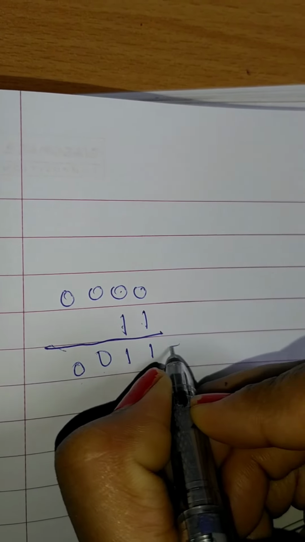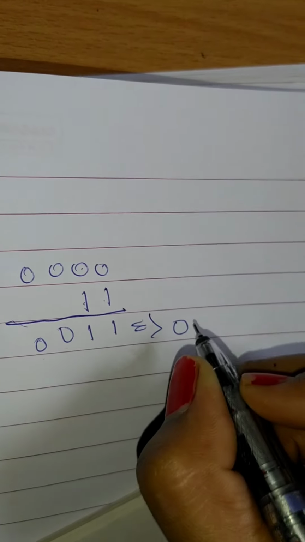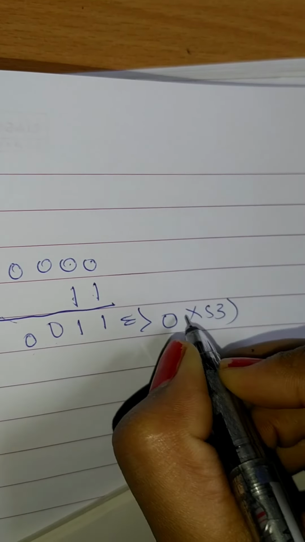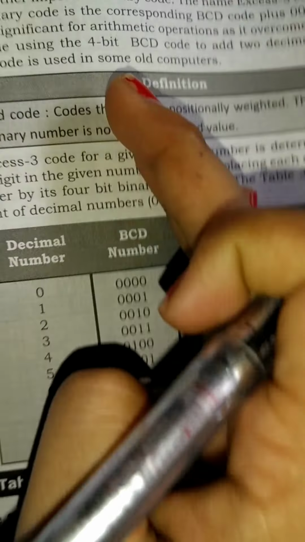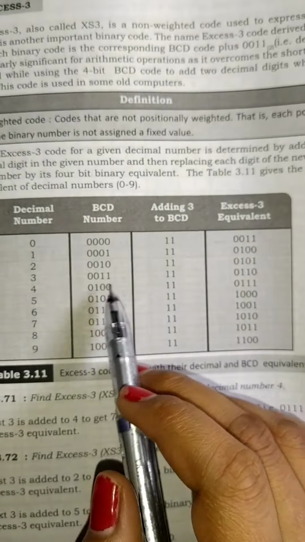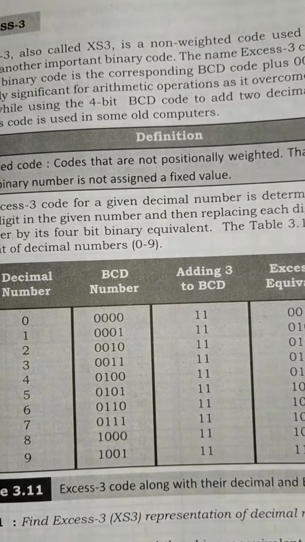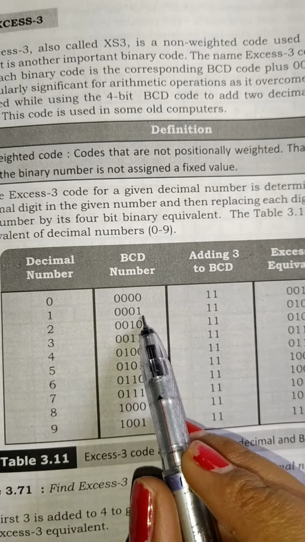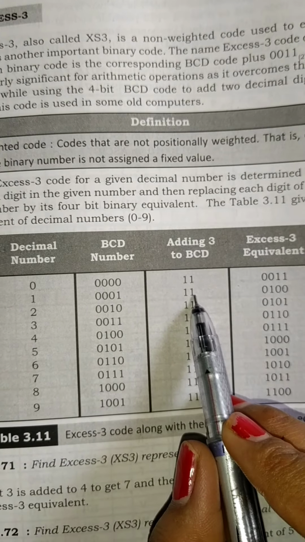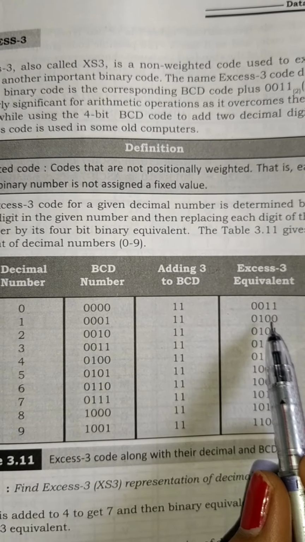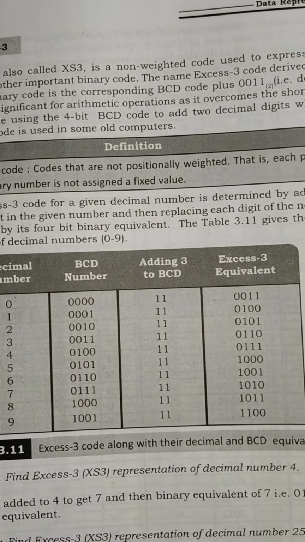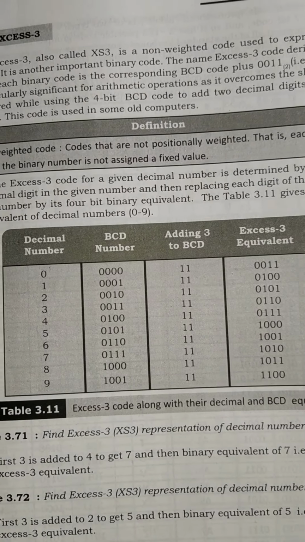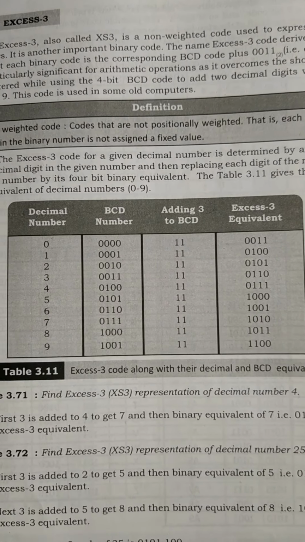So this is how 0 can be represented in XS3 format. Now you can see how to represent 1 with BCD, 0 0 0 1, and we need to add 1 1 so that it becomes 0 1 0 0. Okay, up to 0 to 9 we can compute XS3 values for given decimal numbers.